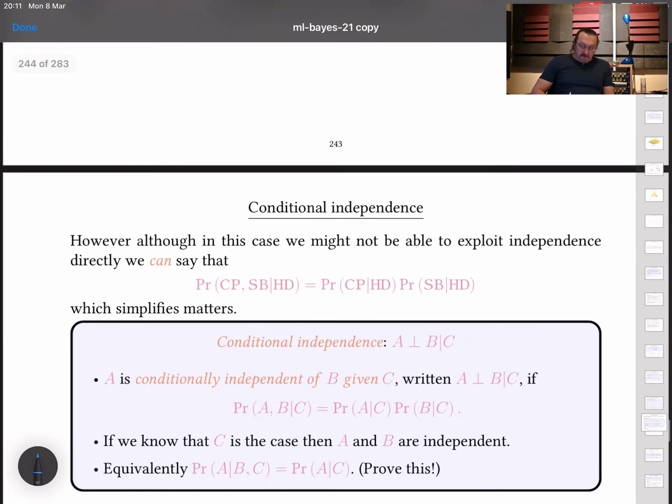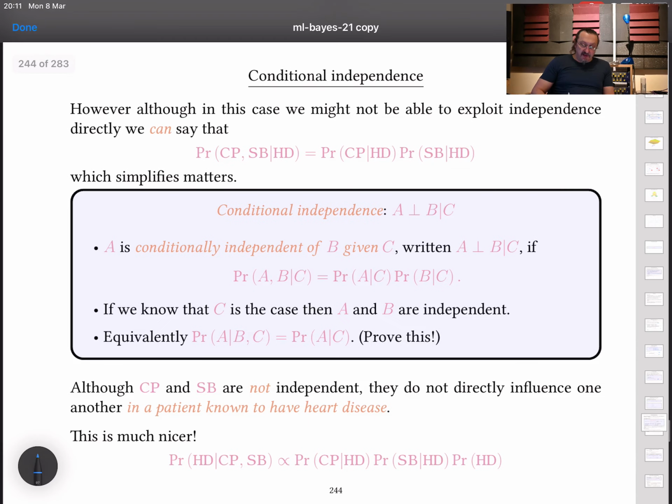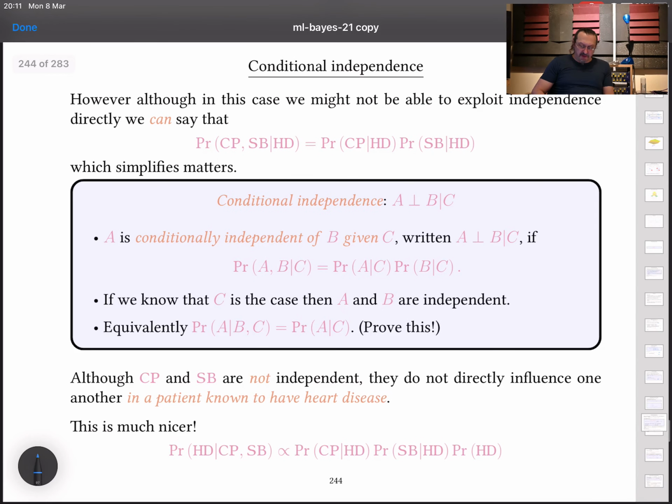But we can do something a little bit cleverer still. Now here is the really key definition. And at this point, I'll say that this is the definition that you really do get to play with in designing a Bayesian network.